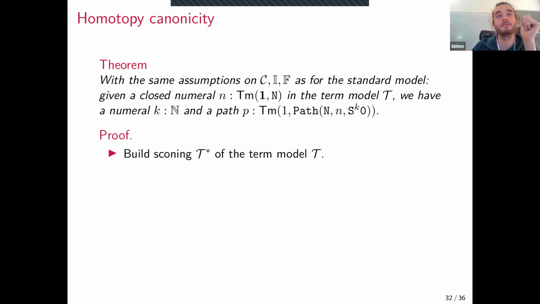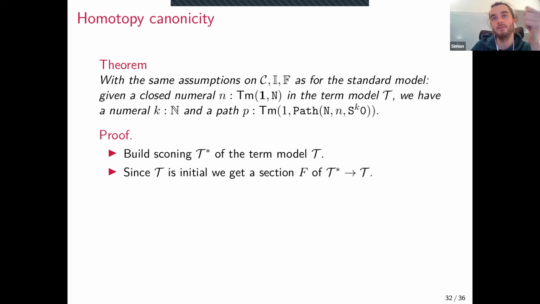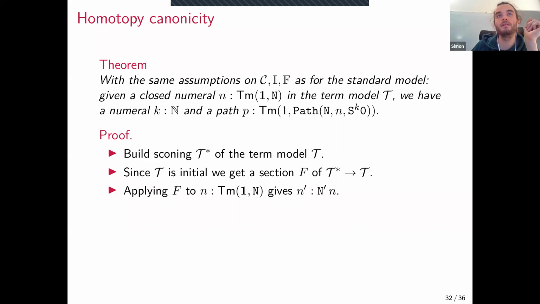And how do we do this? First, we apply this sconing construction to the term model. The term model is initial, so we get a section to the projection. Taking this n and applying the section to it, the way natural numbers in this T star were defined gives us a witness that n prime of n holds.